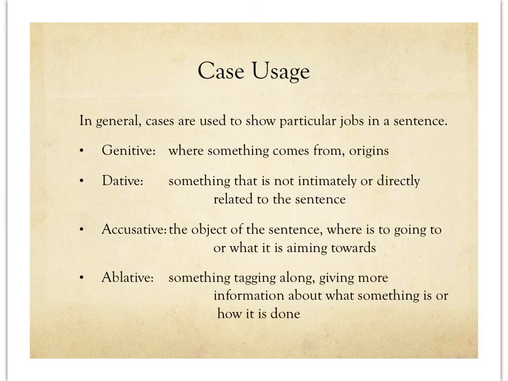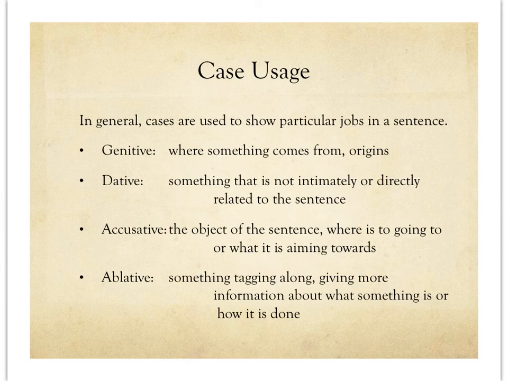But for the other four cases, the genitive, the dative, the accusative, the ablative, there are multiple ways in which Latin will use these, and you have really only learned one use, essentially, for each one of these.